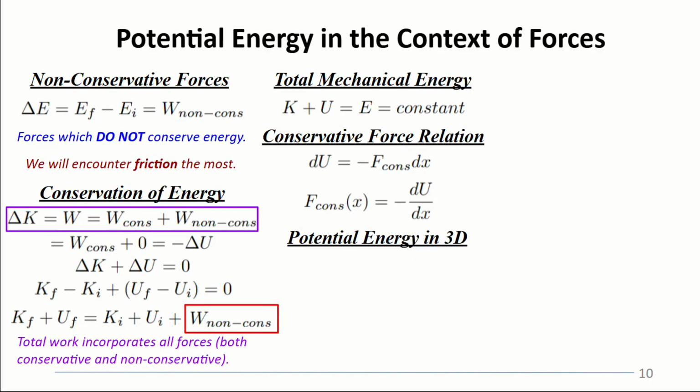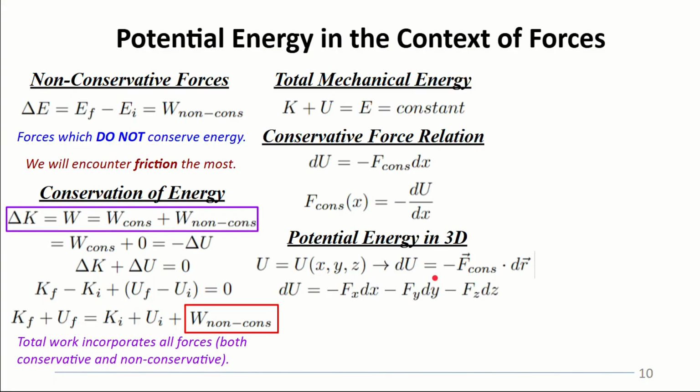Before we do that, let's expand to three dimensions. So if we had a function U, where U is equal to some multivariable function, where the potential energy is a function of x, y, and z, and then you also write dU as negative the conservative force dotted with dr, you'll find that you can actually write dU like this here, where you have the expansion, or the component form, of your dot product.